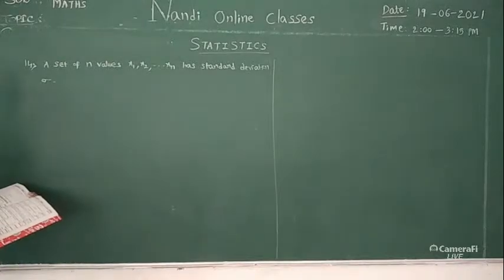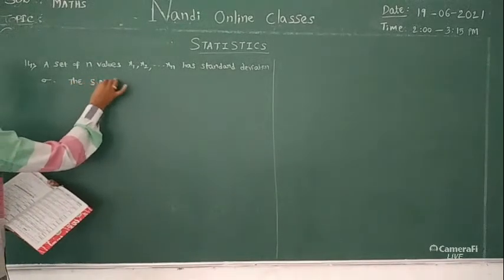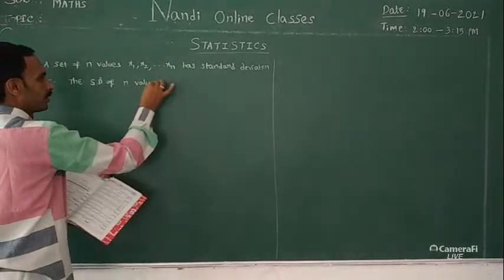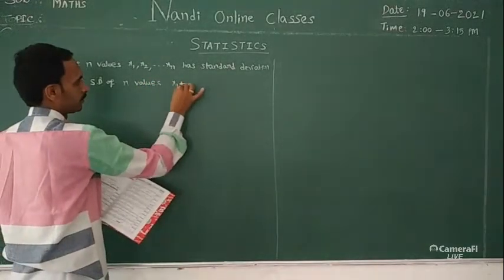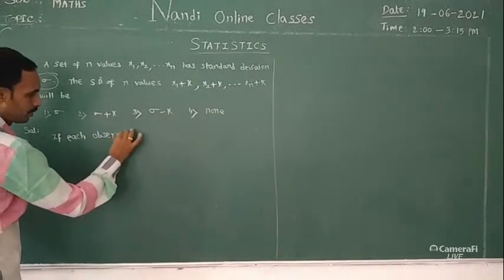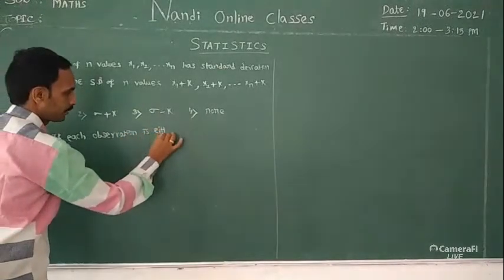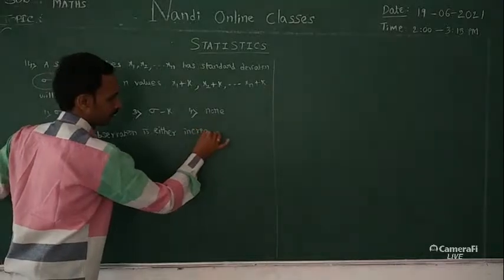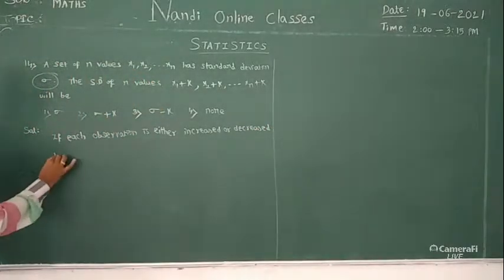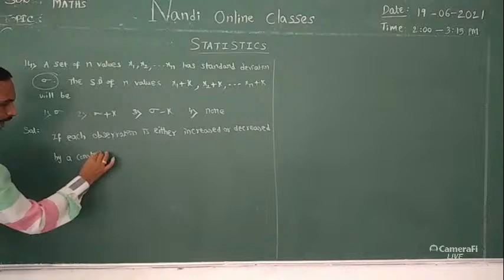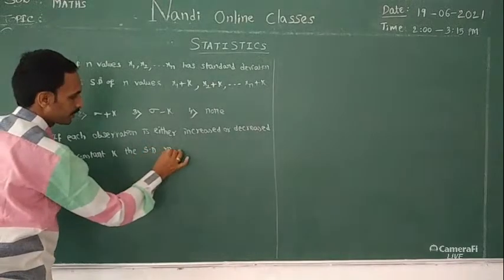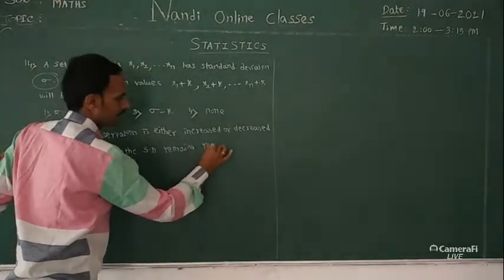The standard deviation of n values x1 plus k, x2 plus k and so on, if each observation is either increased or decreased by a constant k, the SD remains the same.